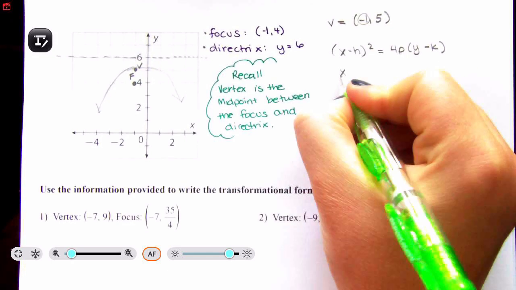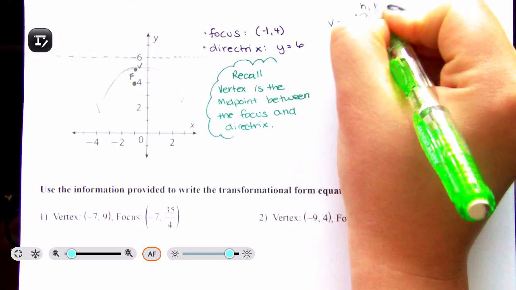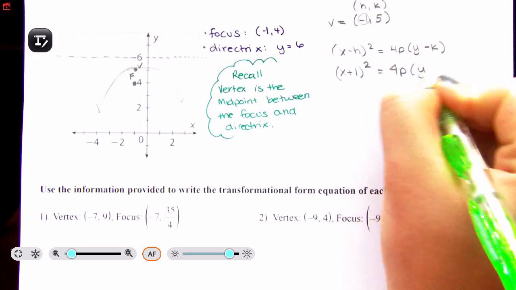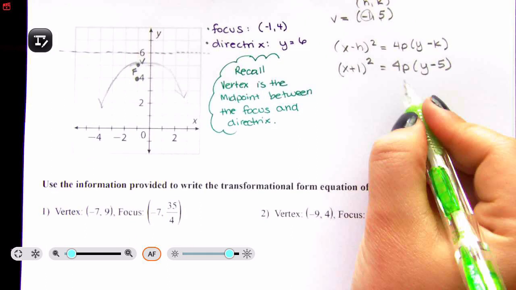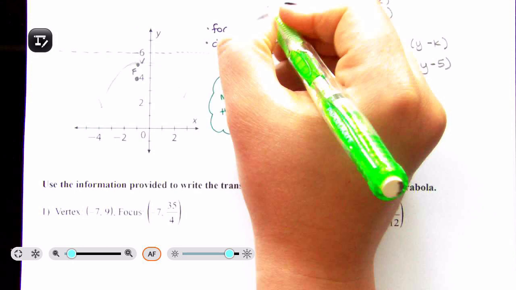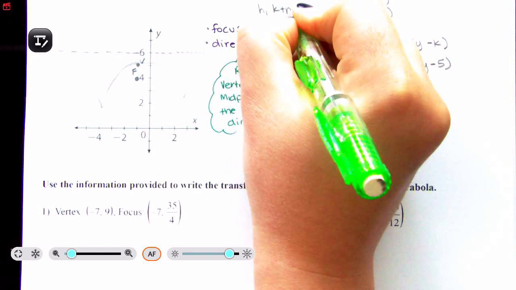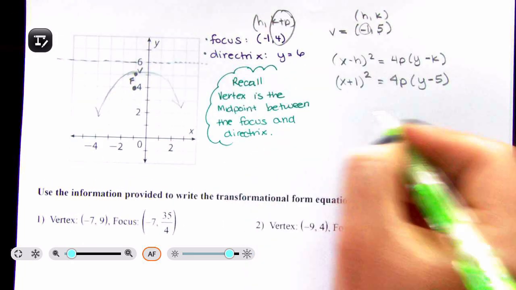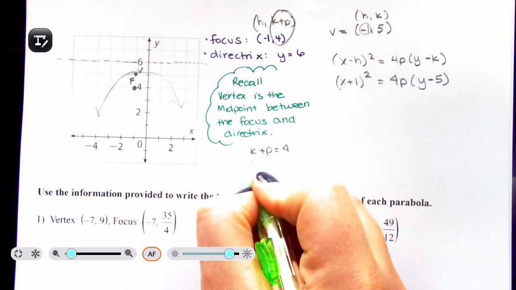So I have (x plus 1) squared, because it's (h, k), equals 4 times p times y. I see a positive 5, so I'm going to be writing a -5. Now we still need to find what our p value is. Recall that our focus is (h, k plus p). So k plus p is equal to 4. K is equal to 5.